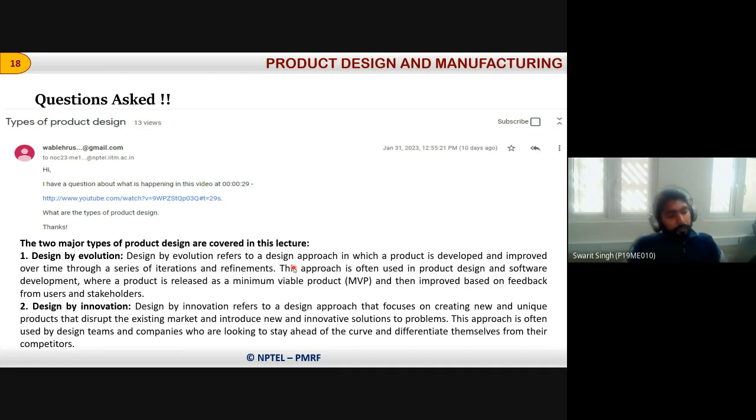Now next is design by innovation. Design by innovation means something which is very new. Suppose in the era when the television was first invented, that was design by innovation.